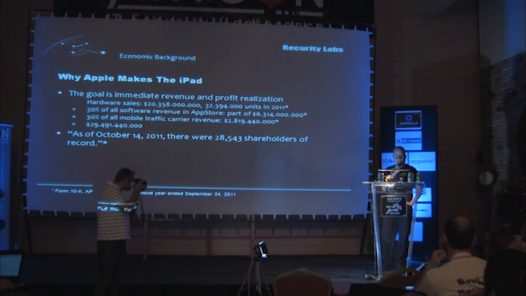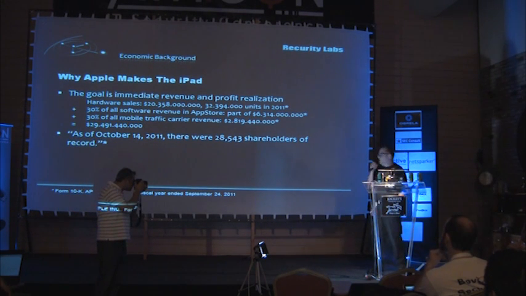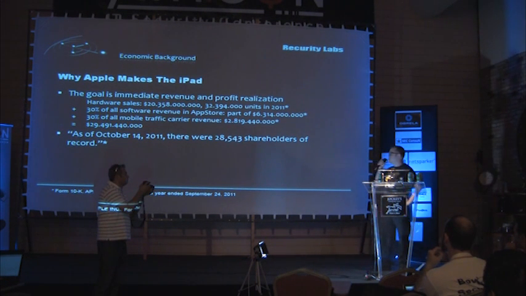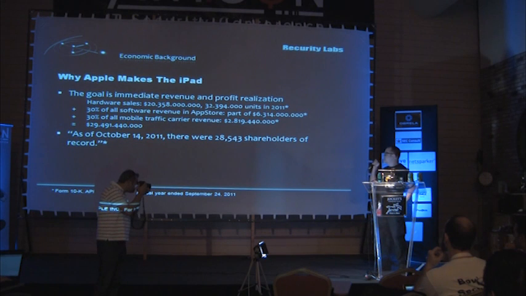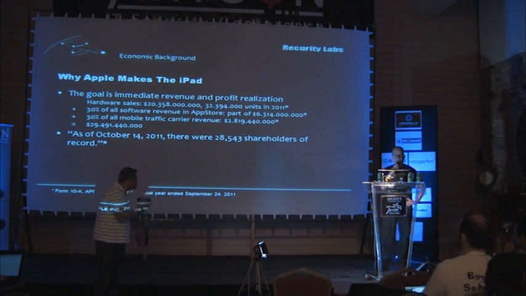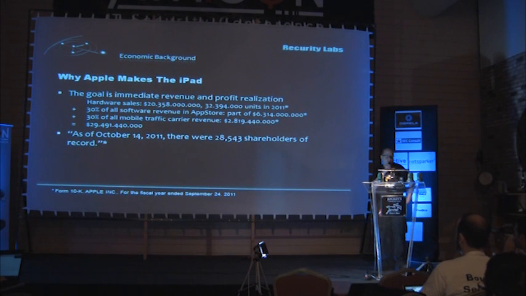In 2010, they made 32 billion units sold and 20 billion in US dollars. They take 30% of all money that people make in the App Store, which is another 6 billion, you know, small money.